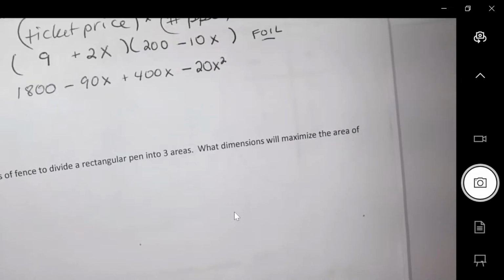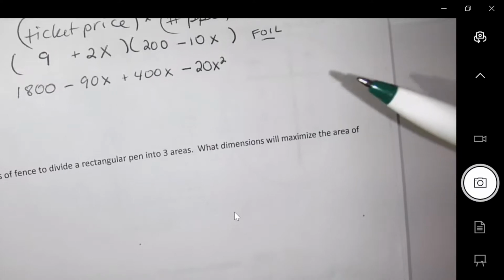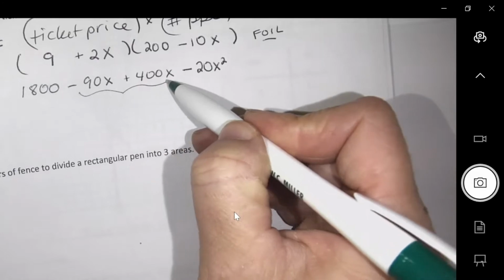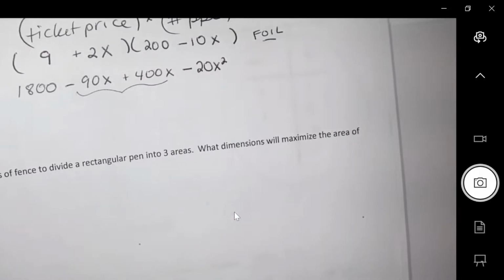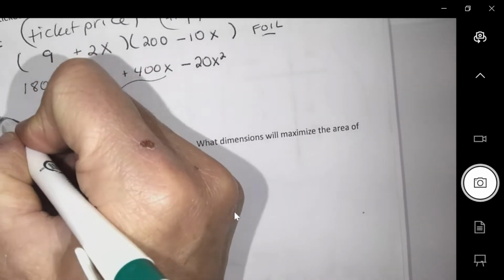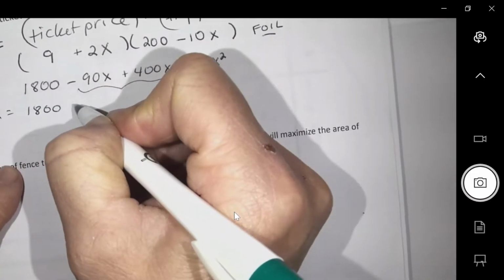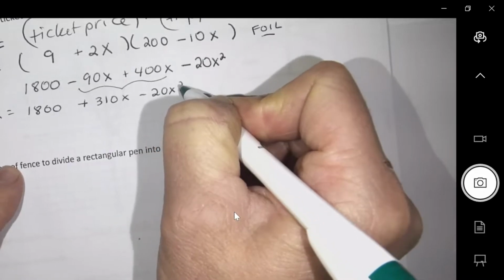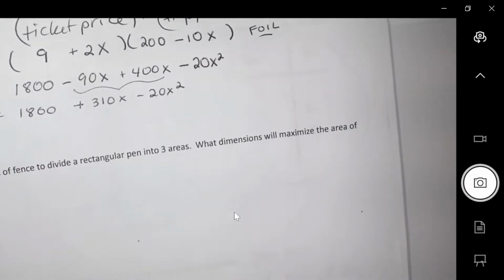Okay, on the test I feel like that's the spot where people make the most mistakes. It's the foiling. So go slow, make sure you get all the parts. We can put those together. Okay, and there's my quadratic equation.